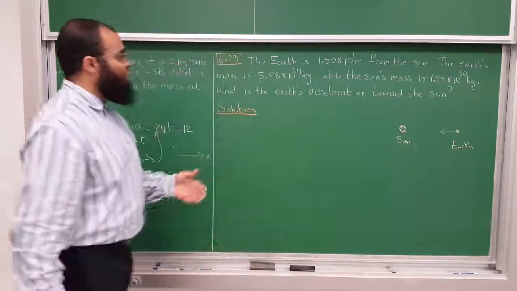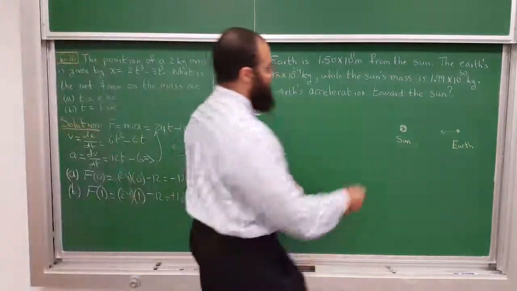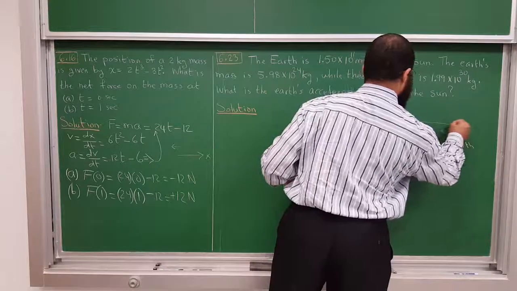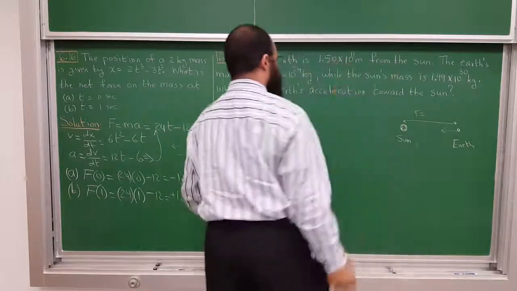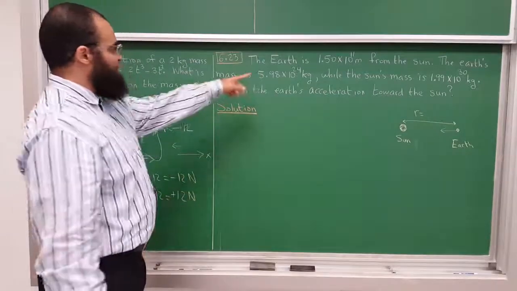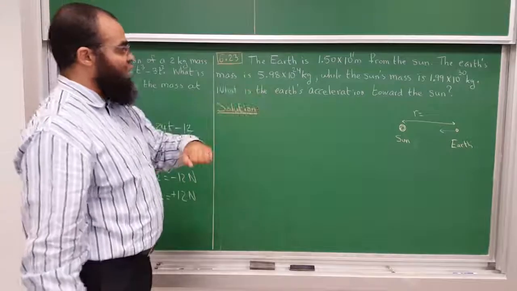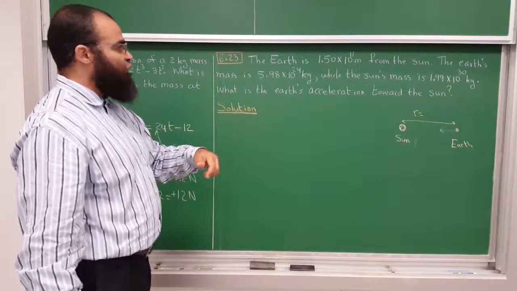So they say the Earth is 1.5 times 10 to the 11. So R, the separation, is this number here, 1.5 times 10 to the 11 meters. That's large. And then the Earth's mass is this, and the Sun's mass is that, 1.99 times 10 to the 30th. What's the acceleration of Earth toward the Sun?